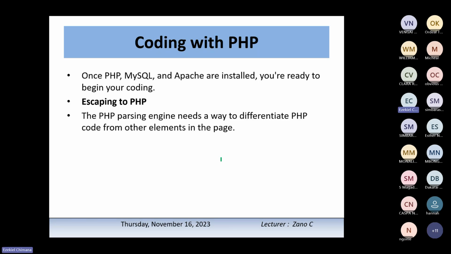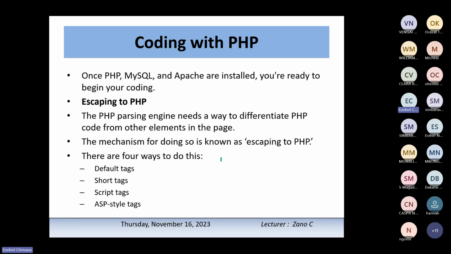You can use what you call escaping to PHP. You want to move from the HTML code to PHP. How do you do that? You escape to PHP. The PHP parsing engine needs a way to differentiate PHP code from other elements in the page. The mechanism for doing so is known as escaping to PHP.